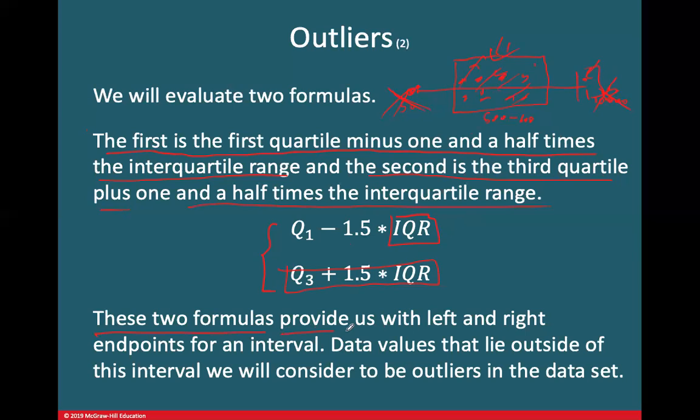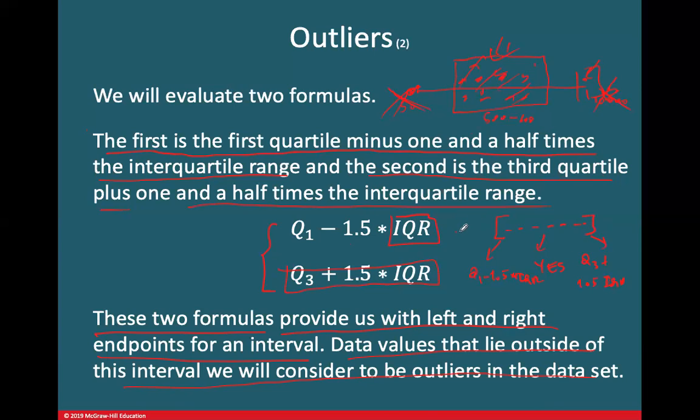These two formulas provide us the left and right endpoints of an interval. Data values that lie outside of the interval we consider to be outliers in the dataset. So this is our interval. These are acceptable, from Q1 minus 1.5 times IQR to Q3 plus 1.5 times IQR.